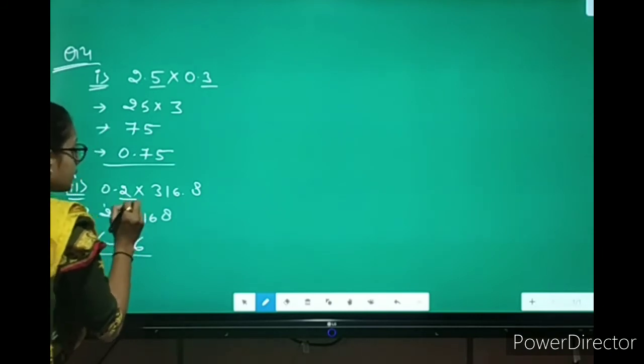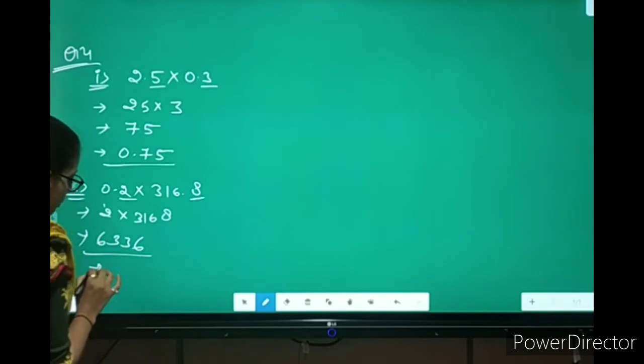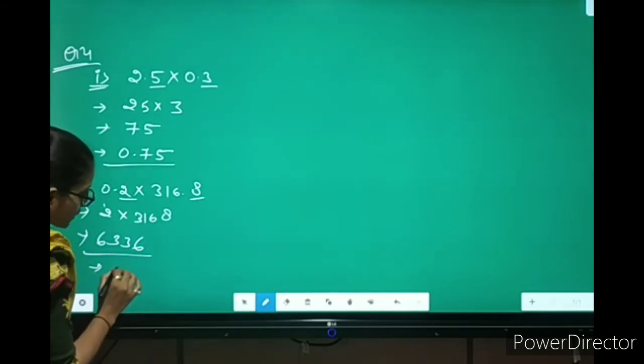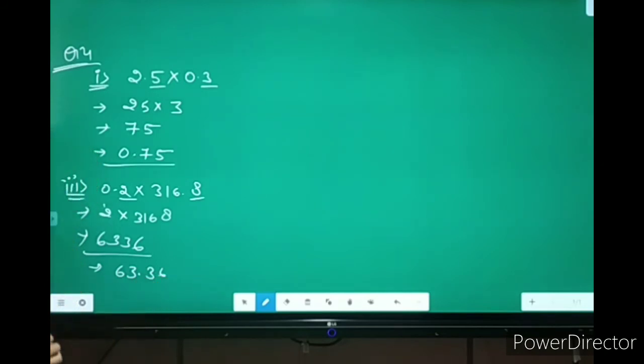Here there are 2 digits right of the decimal point. So put the decimal before 2 digits. 63.36.